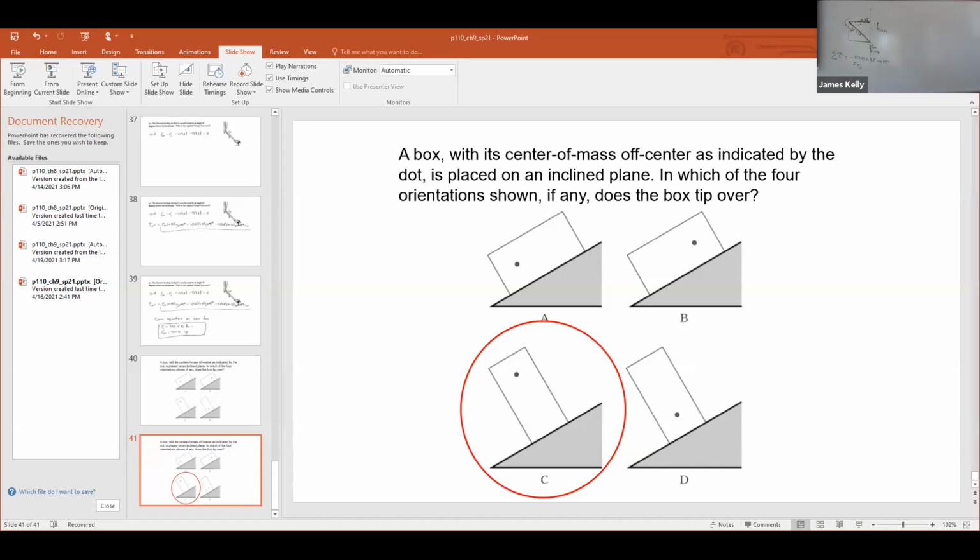Let's see, chapter 9. This is another one that I think I saved. Did I not? Oh, there we go. Let's just see. Yeah, here we go.